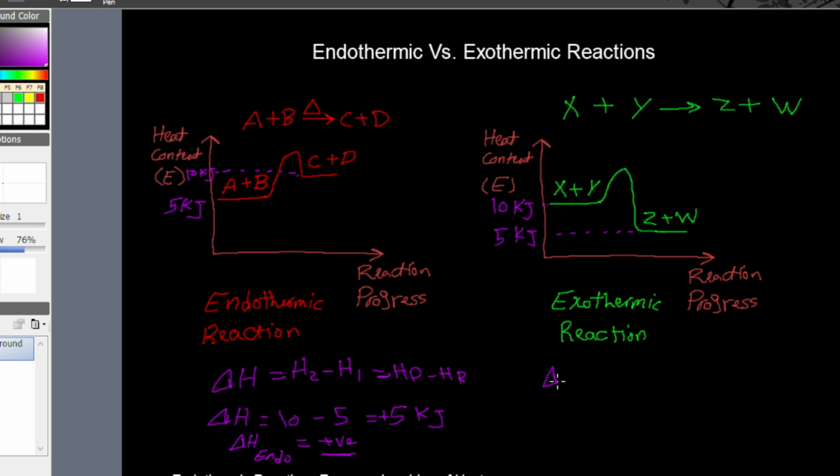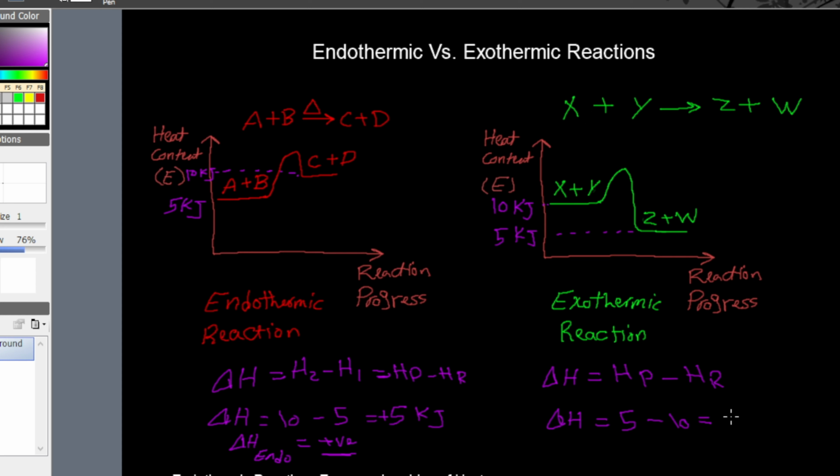So if we calculate the delta H, it should be, as we said previously, H2 minus H1, or H products minus H reactants. So let me write it briefly: H products minus H reactants. So delta H in this case, H products with 5 kilojoules, and H reactants with 10 kilojoules, right?